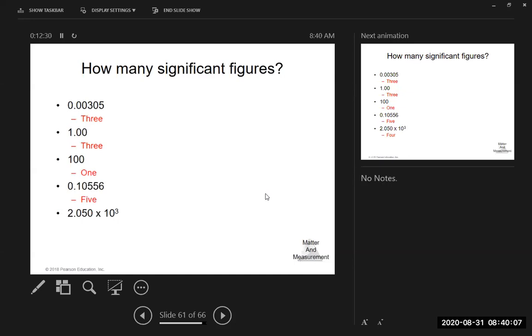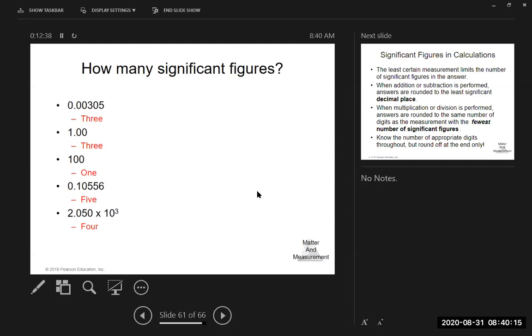And then finally, 2.050 times 10 to the 3rd. 4. That last 0 is significant because of it being past the decimal.